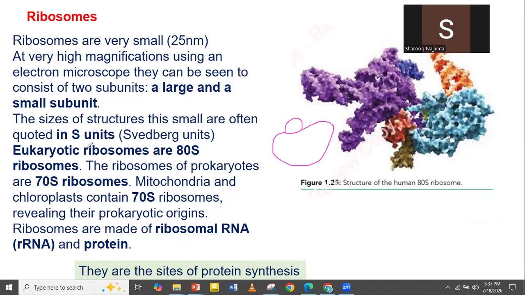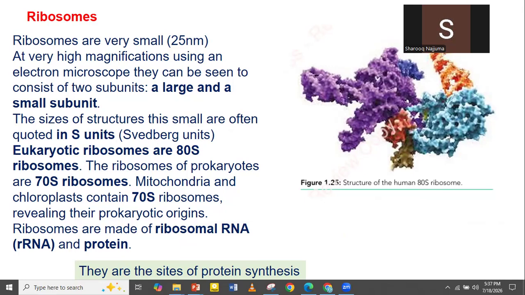These ribosomes have different sizes, and the size of these ribosomes is measured in S units. I'm not so sure how to pronounce this word. But those are the units that are used to measure the size of very tiny cell structures like the ribosomes.